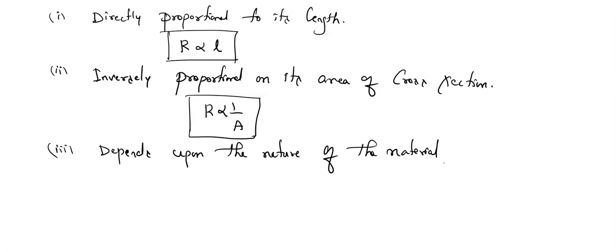Do you say that iron and silver are both the same, gold and diamond both the same? No, everything has its own properties, right? Similarly here also resistance will vary from material to material. Understood? So it depends upon the nature of the material of the conductor.